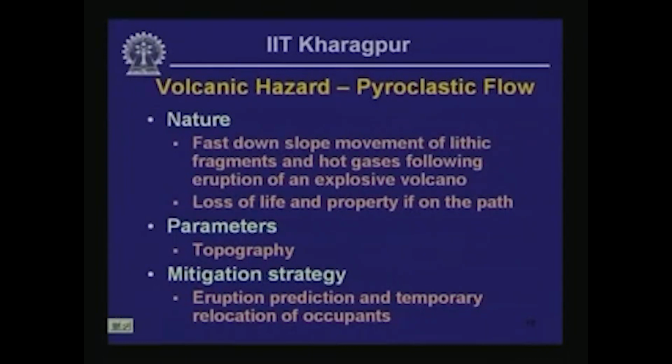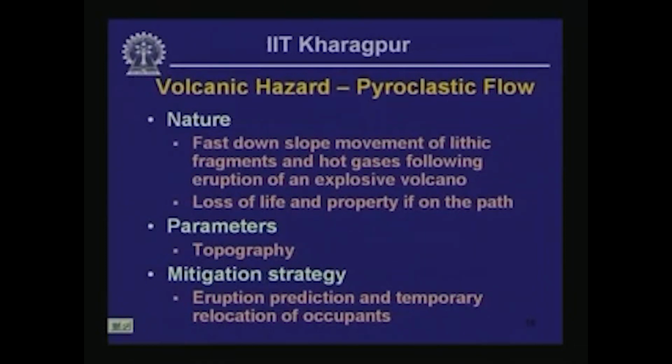Pyroclastic flow is very similar in nature to mudslide in other aspects, except for the fact that here you are looking at the flow of lithic fragments mixed with hot gases following eruption of an explosive volcano.